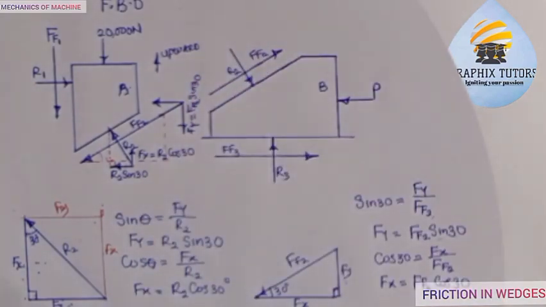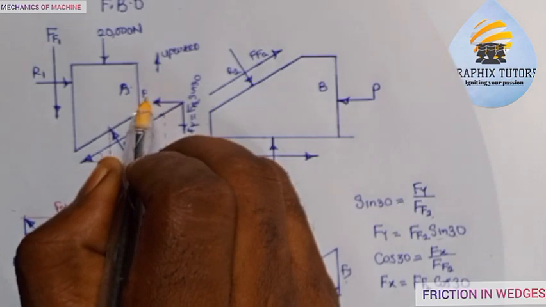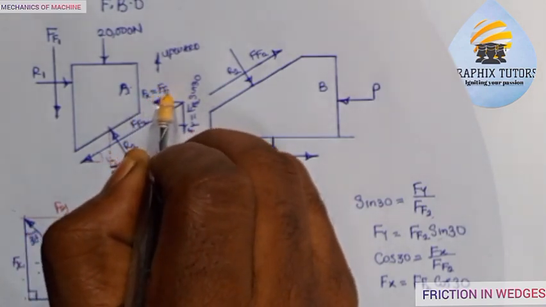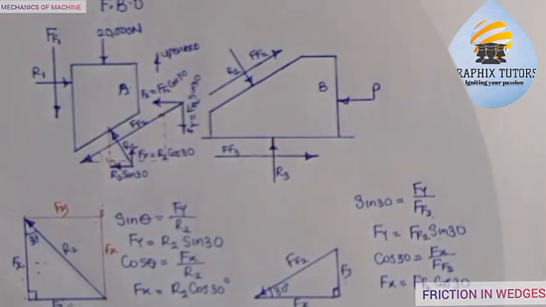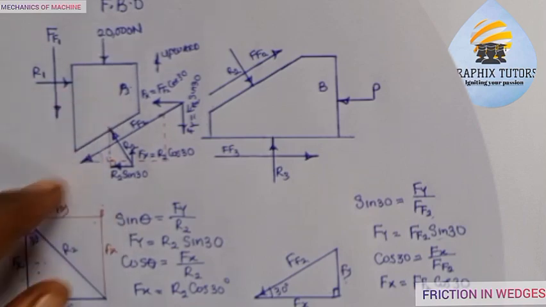And this here, my Fx, will give me frictional force 2 cos 30. You can see that. So this is what we have there. We have successfully resolved this force.